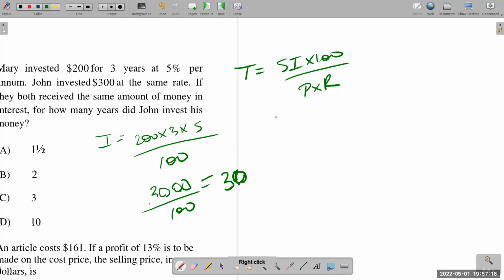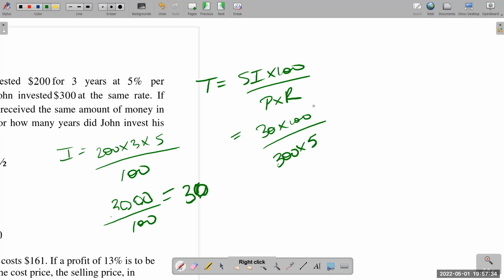Everybody with me? We almost, if you have to go, that's okay. So yeah, I have 30 times 100 over, what is his principal? His principal is 300. And the rate is the same, right? Which is 5. So we just add the zeros.